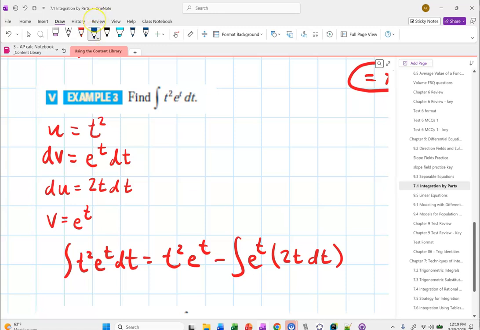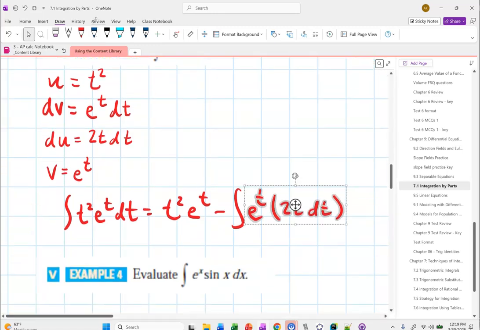That integral that's left isn't really any easier to deal with than the previous one, right? But it is a little bit simpler. Here we have a degree 1 instead of a degree 2 polynomial. What do you think we're going to do? Yeah, we're going to do another integration by parts. That's exactly right.